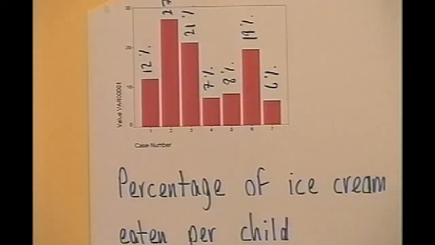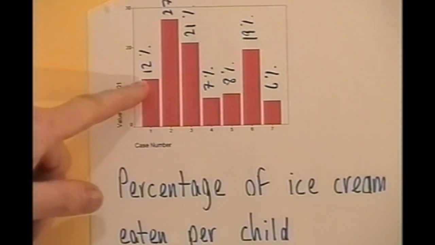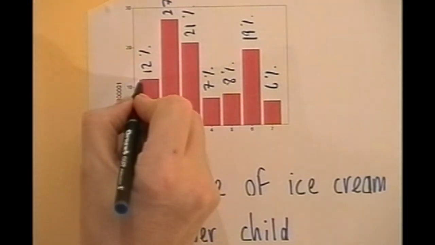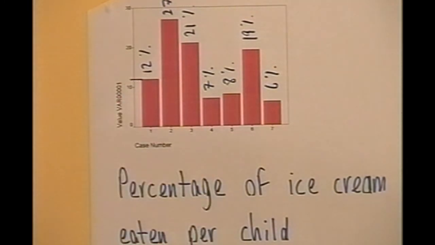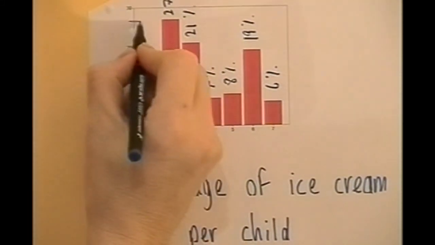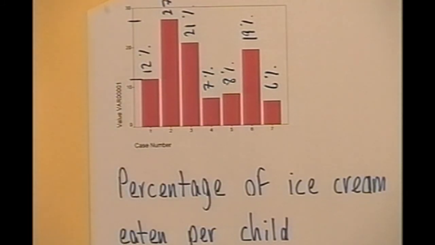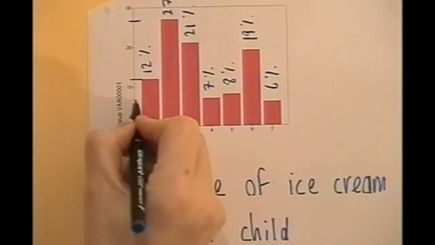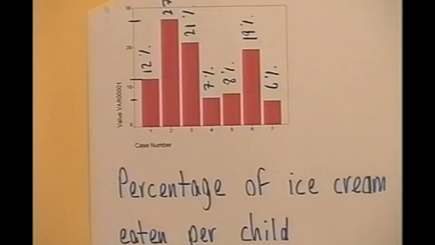So of the total amount of ice cream consumed, child 1 ate 12% of the total amount of ice cream consumed. Child 2 ate 27% of the total amount of ice cream consumed. Child 4 only ate 7% of the total amount of ice cream consumed.